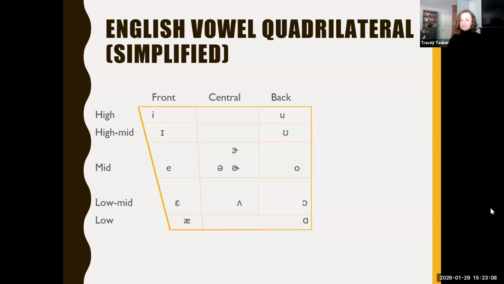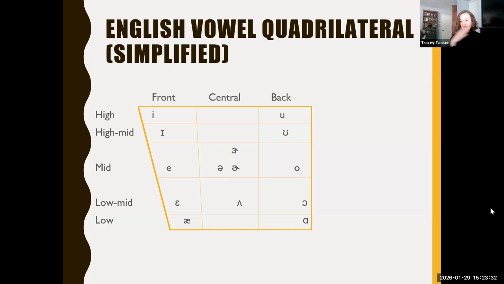So as you can see, we categorize vowels based on how we produce the sounds. So front, central, and back is referring to where your tongue is, whether it's in the front of your mouth, the central mid part of your mouth, or in the back. Okay. And we're going to talk about this in great detail.